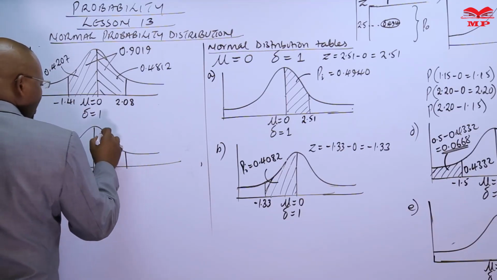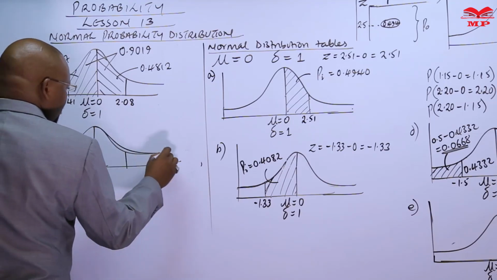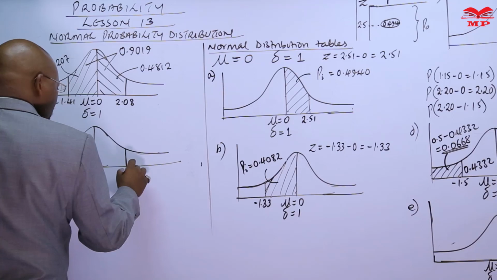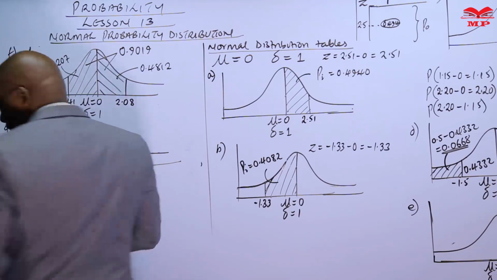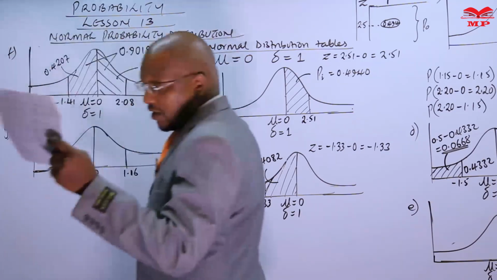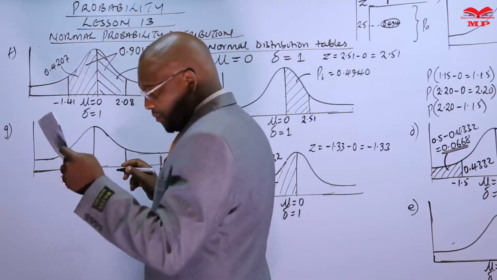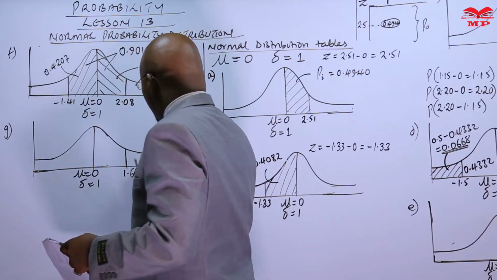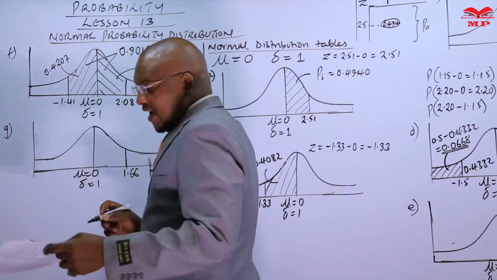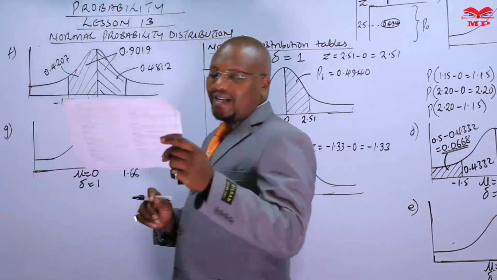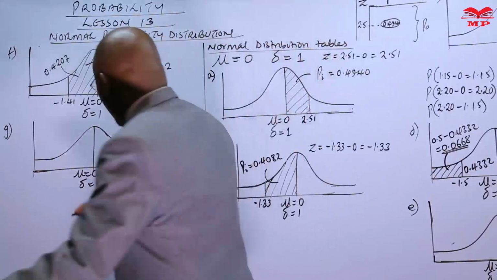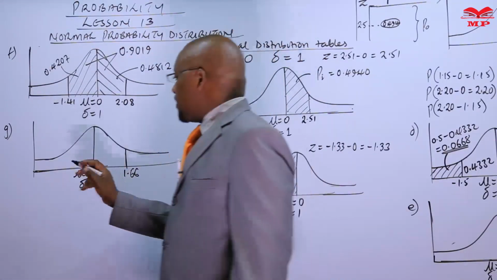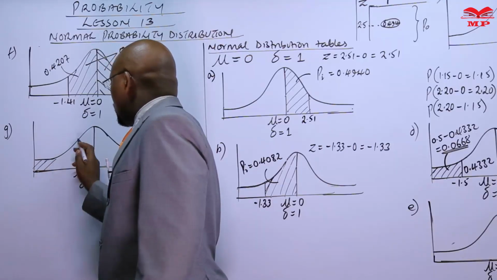Then 1.66. You have been asked less than 1.66, so that means 1.66 and on towards our left. We want the whole of this area.